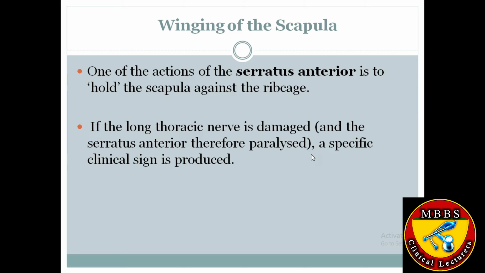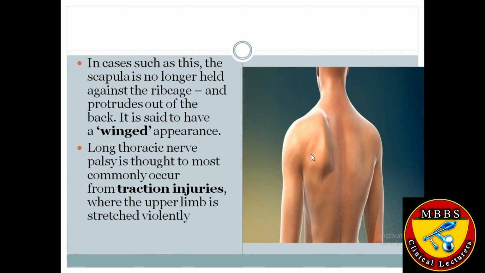If the long thoracic nerve is damaged and the serratus anterior is therefore paralyzed, a specific clinical sign is produced. In such cases, the scapula is no longer held against the rib cage and protrudes out of the back. It is said to have a winged appearance.